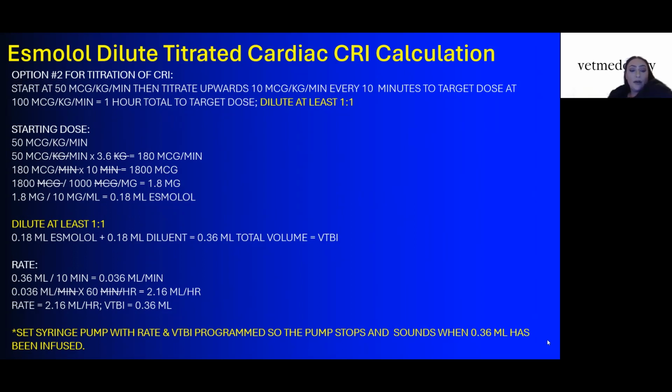So 0.18 mLs esmolol plus 0.18 mLs diluent equals 0.36 mLs total volume, which is your VTBI. So the rate, again, you just need to figure this out one time: 0.36 mLs divided by 10 minutes, the 0.036 mLs per minute. 0.036 mLs per minute times 60 minutes an hour gives us the 2.16 mLs an hour.